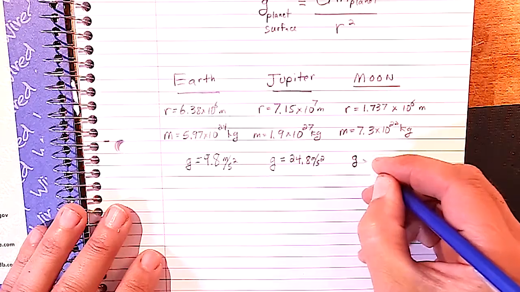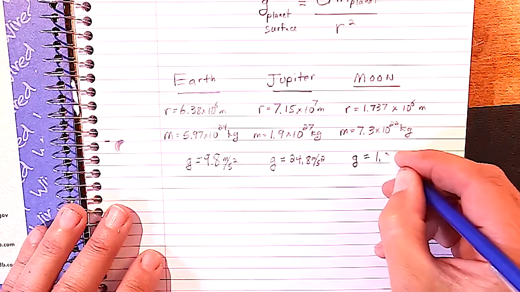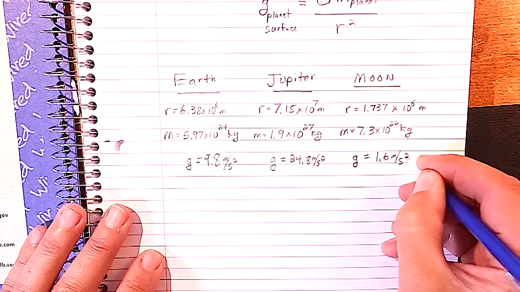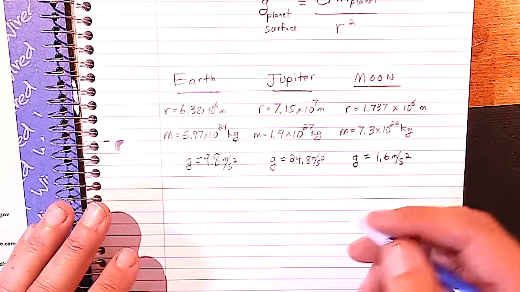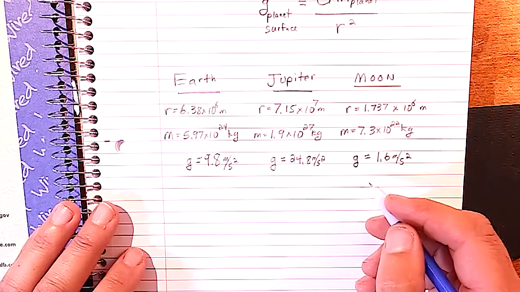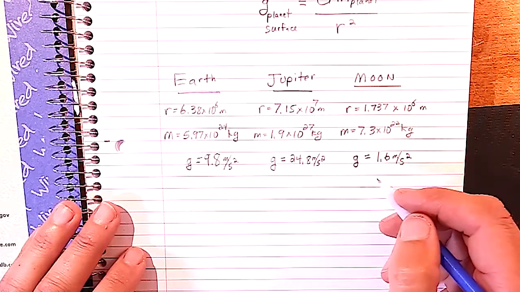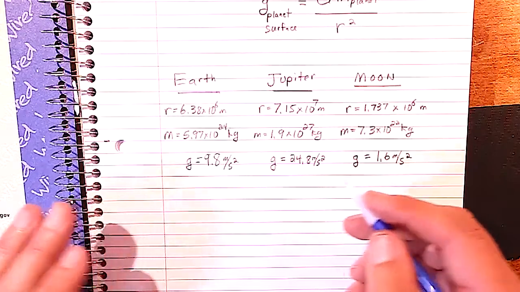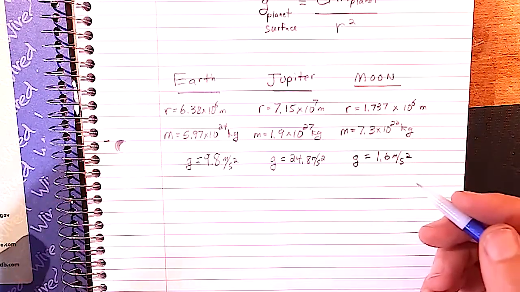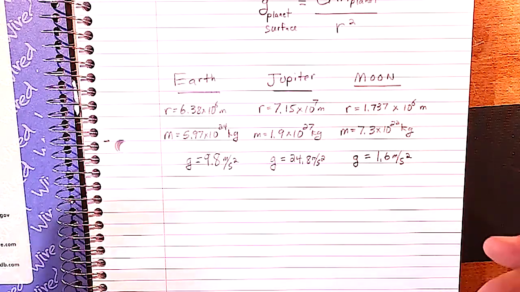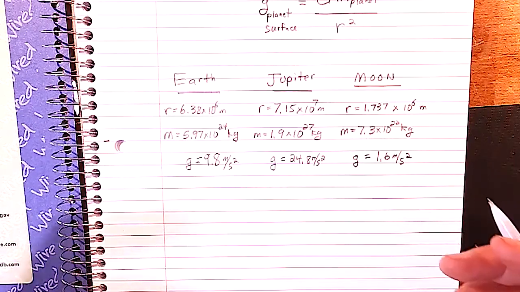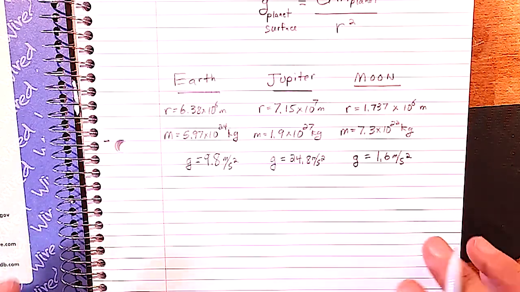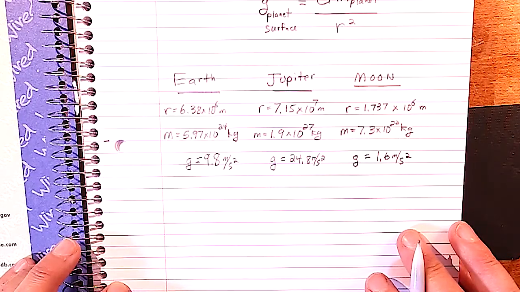And if you do this for the moon, you get a value of 1.6 meters per second squared. I'm just showing this to you so that you can see where these numbers come from if they give you a question like this, and also to get a sense that in general, unless the planet has a much different density, the larger the planet, the more massive the planet, the higher the gravitational field is going to be.